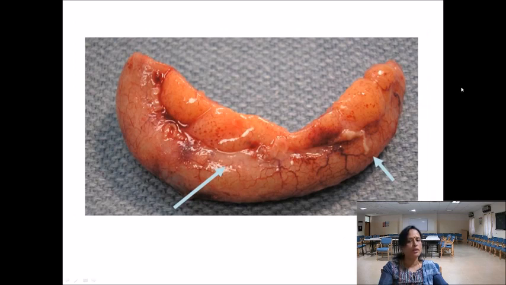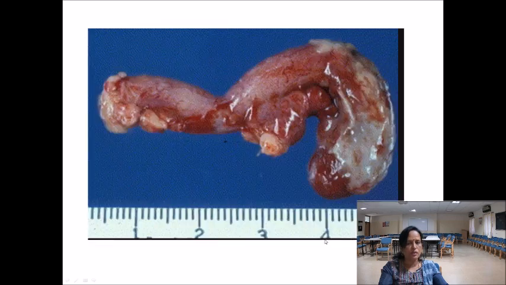What can you make out here? Again, see how edematous the appendix is and a lot of congested vessels on the surface. It is reddish. Some amount of pus appears to be oozing out. And here the serosa is covered with fibrinopurulent material. So the inflammation has spread to the serosa also.